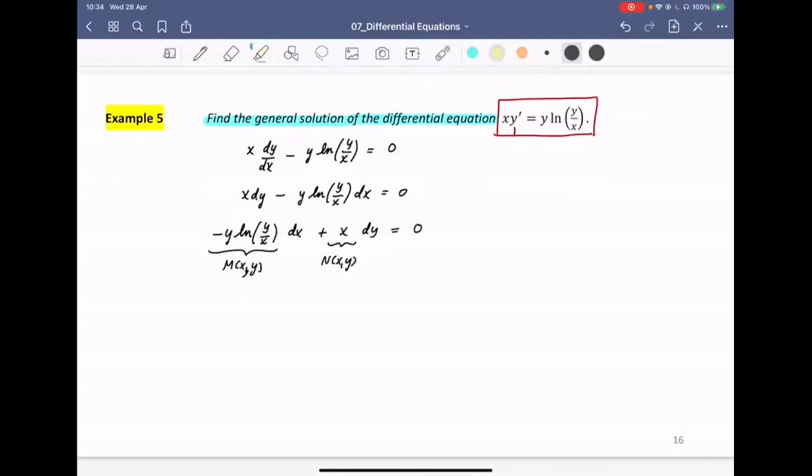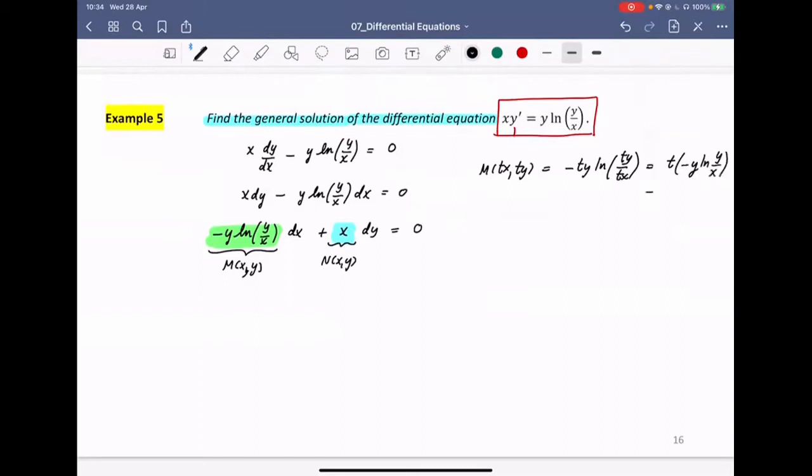The thing that I highlight in green is called the function M. The thing that I highlight in light blue is the function N. Before you use this technique, let's check first if this is homogeneous. M(tx, ty) is negative ty log ty over tx, which is t times negative y log y over x.